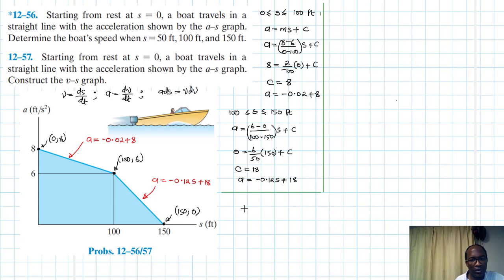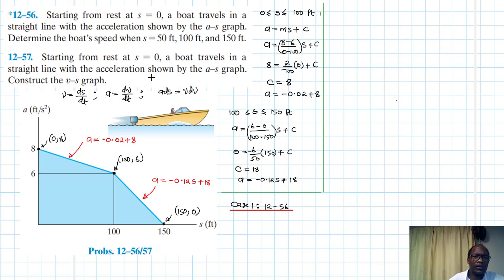So let's go to case 1, problem 12-56. We need to find the equation for velocity.